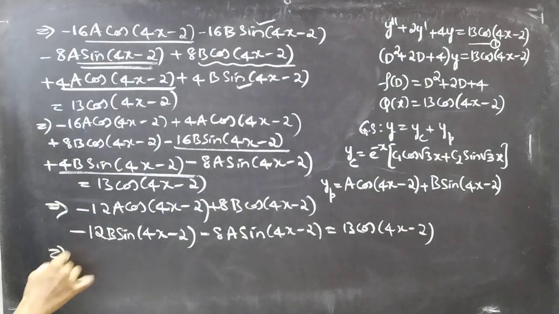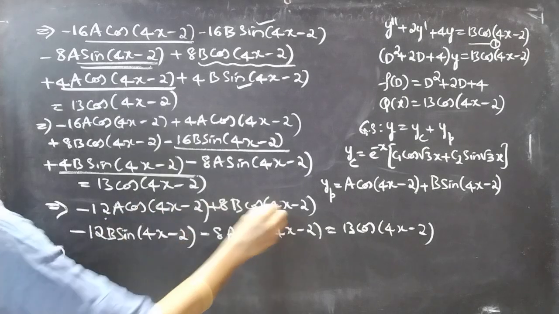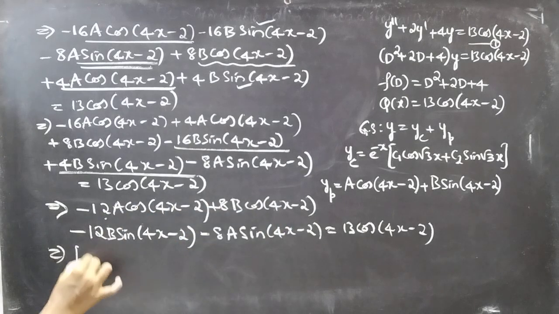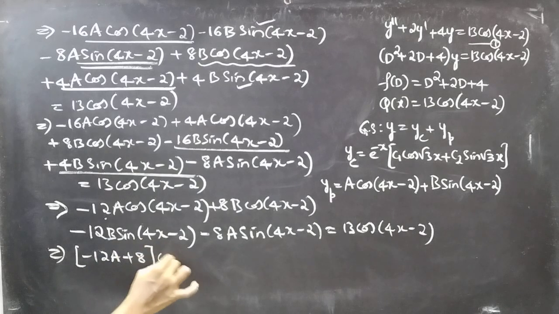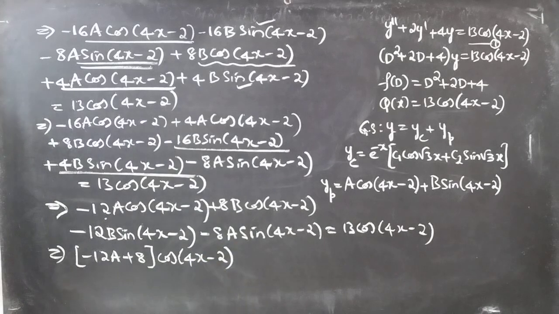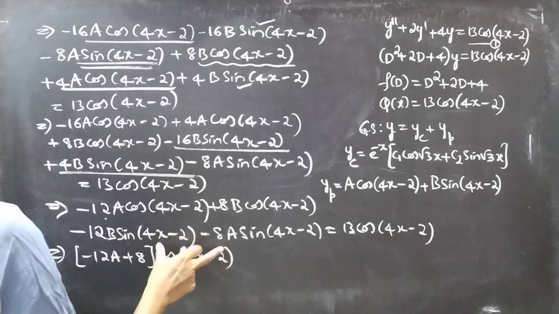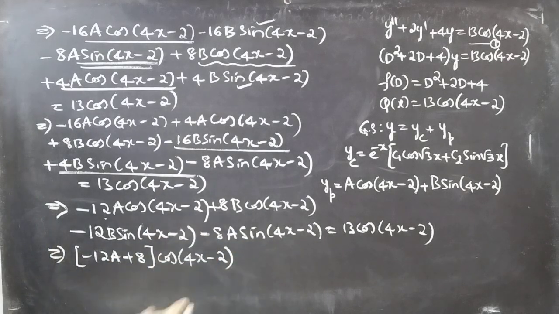Okay, now take cos of 4x minus 2 common from the first two terms. You'll get minus 12a plus 8b into cos of 4x minus 2. Now take sine of 4x minus 2 common from the next two terms of the LHS.